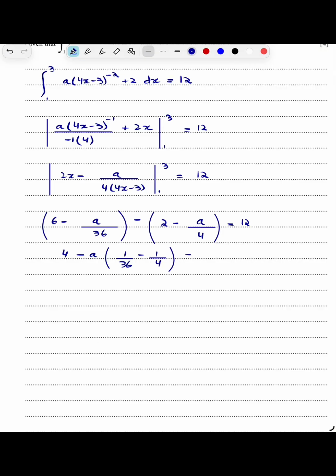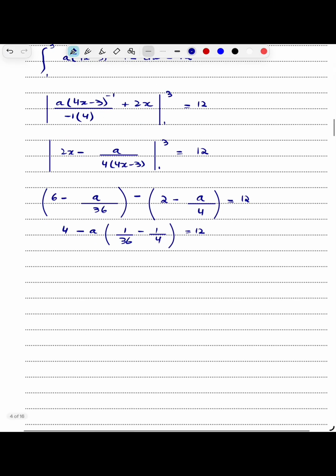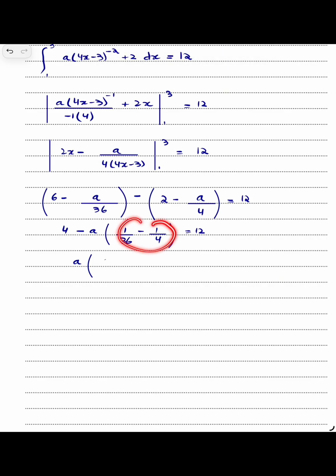And this will be equal to 12. Okay, so I'll have a over, let's take a common denominator here, which is 36, right? So I'll get 1 minus 9 over 36, and I've also taken this expression on the right side, so I'll take 12 on the left side, so I'll be left with 4 minus 12.